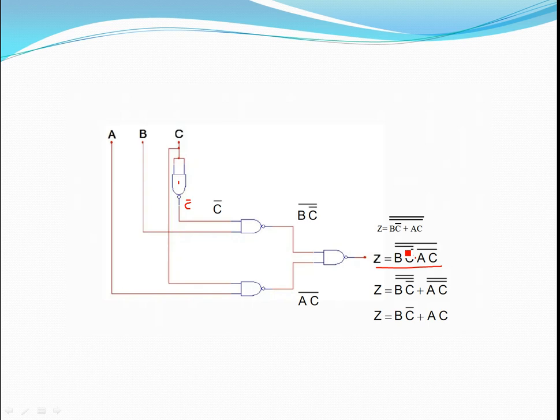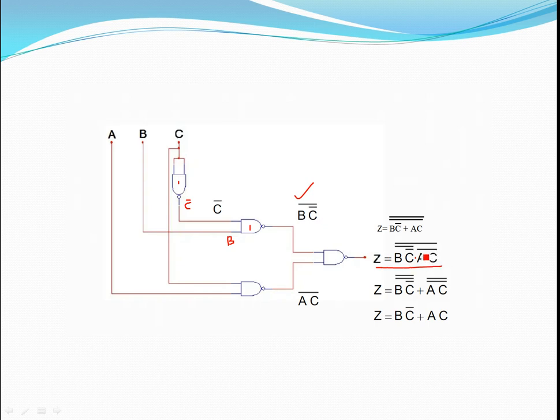Again it is a NAND expression. One input is B, another input is C bar. You can see here the second NAND gate, where one input is C bar, another input is B, and the output is BC bar whole bar.